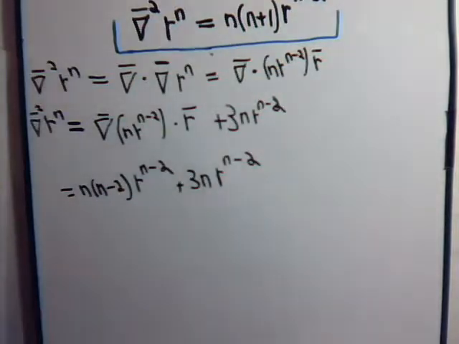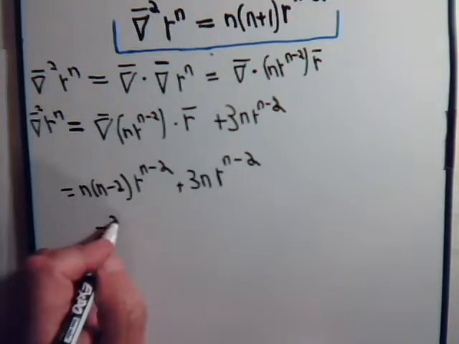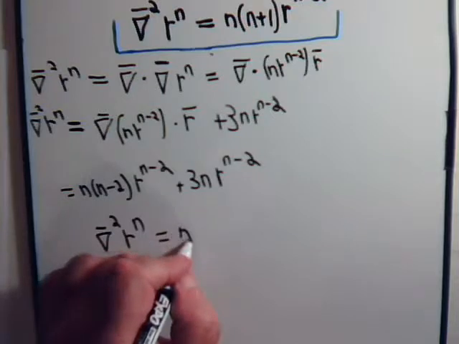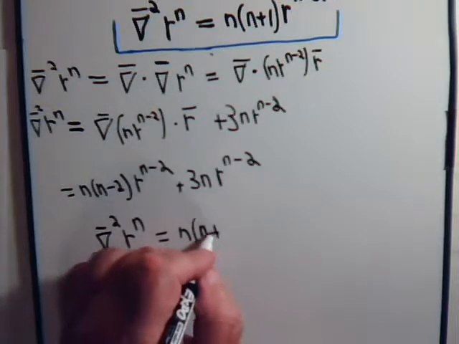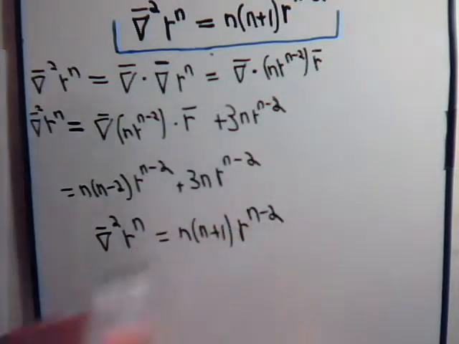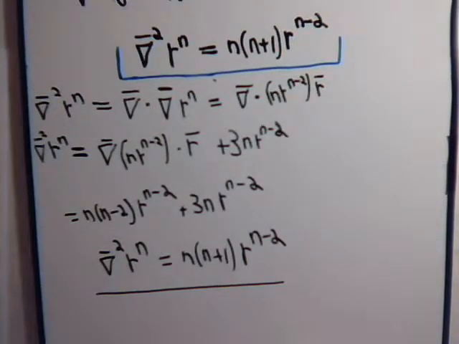That's plus n. So it looks like what we're going to end up with is n times n plus 1 times r to the n minus 2 power. And that's what we were asked to show. That's our identity. So there it is.